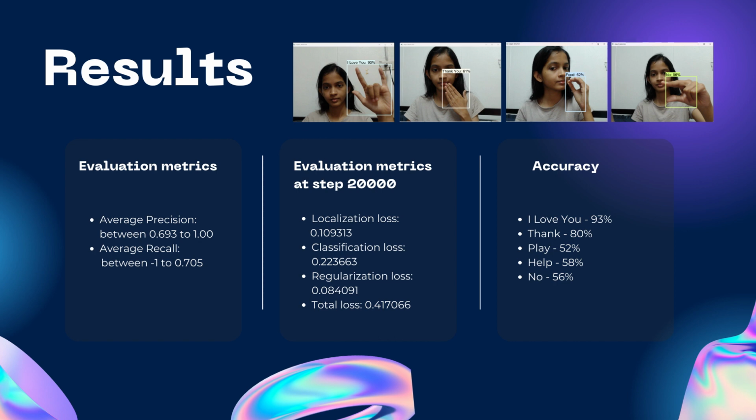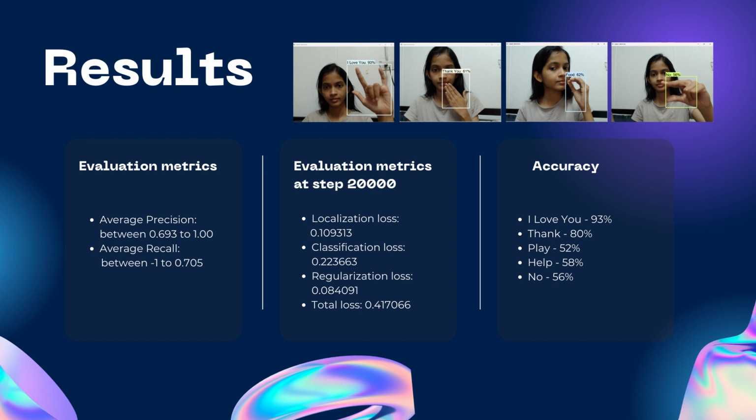And if we take the evaluation metrics at step 20,000, we have got a localization loss of 0.109, a classification loss of 0.22, and a regularization loss of 0.08, and the total loss was indicated as 0.41.